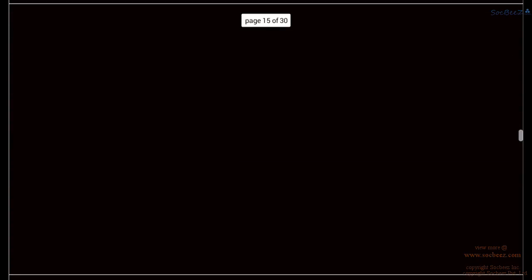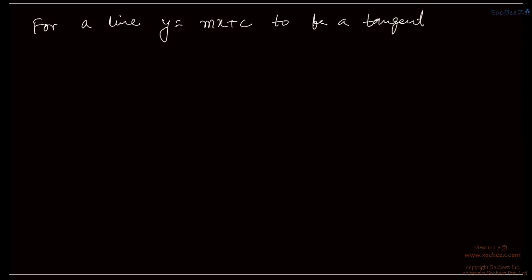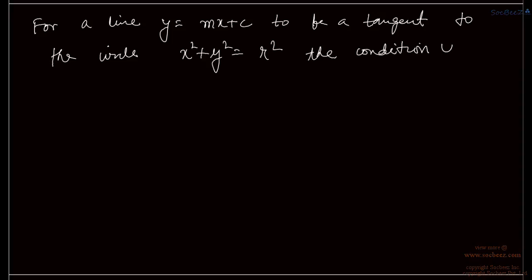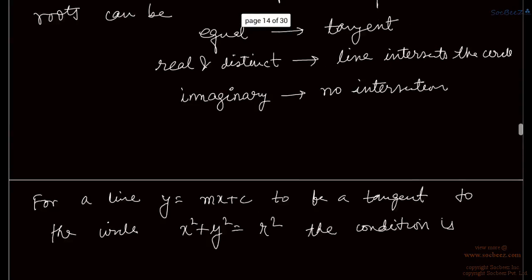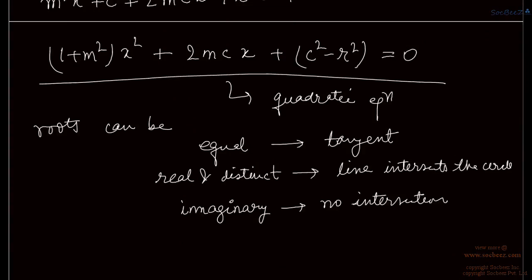So, for a line y is equal to mx plus c to be a tangent to the circle x square plus y square is equal to r square, the condition is that the roots of this quadratic equation (1 plus m square) x square plus 2mcx plus c square minus r square is equal to 0 must be equal.